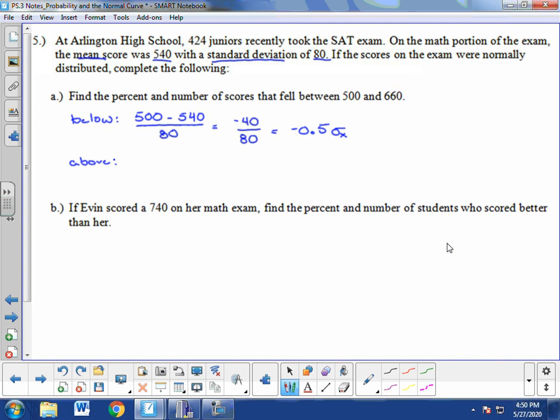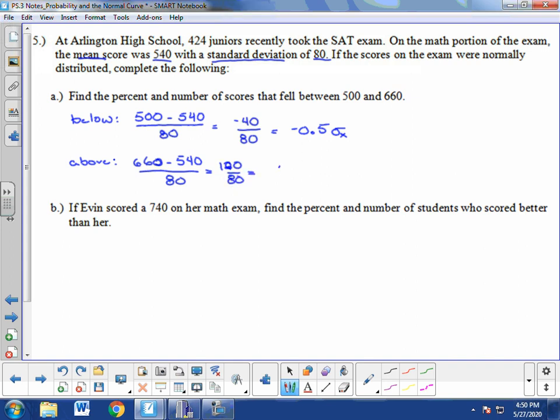Now let's go ahead and do the same thing with the upper bound, or the higher scores. So 600 minus 540, this would be 60 over 80. Oh, sorry, that's not 600, that's 660. Here you go. So 660 minus 540 over 80, this would be 120 over 80.